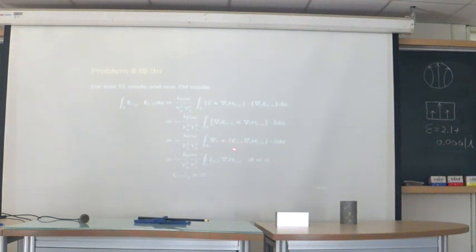After we use Stokes' theorem, we can find that because of the TM mode boundary condition, your E field vanishes at the surface. So this integration is identically 0. So if you have a TE mode times a TM mode, the integration is always 0, no matter whether your mu or lambda are the same or not.